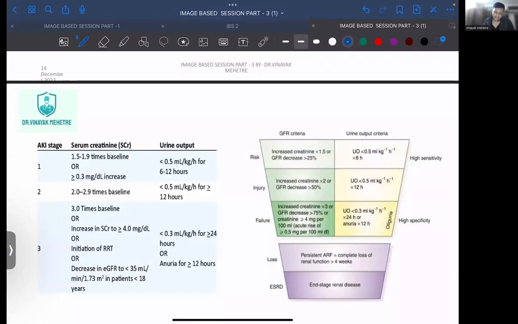Now AKI is classified by which category? Simplest question which comes in exam. By KDIGO. And the second classification which we use is the RIFLE classification.